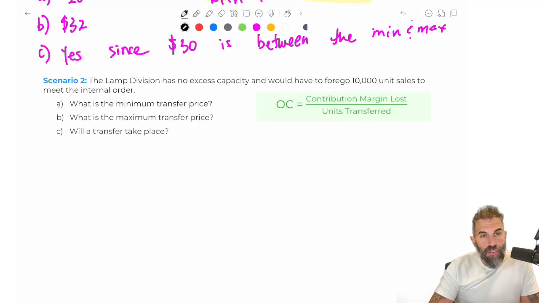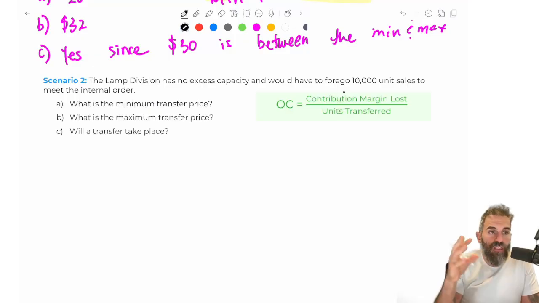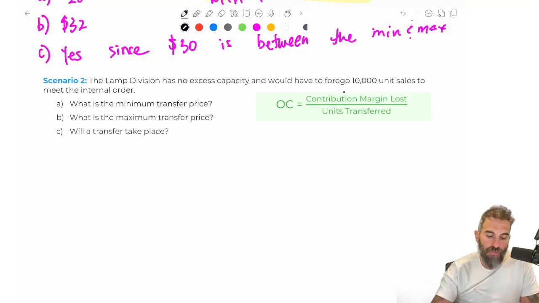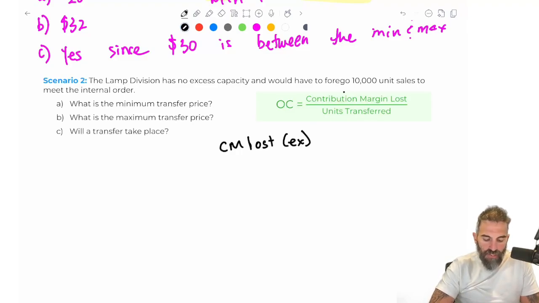So the contribution margin lost is based on your external sales, right? Because in order for me to transfer 10,000 units to the desk division, I have to cancel 10,000 units to my existing customers. So, make a little note, this is on external sales.